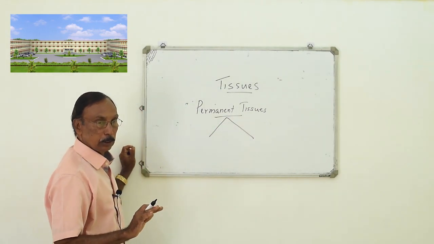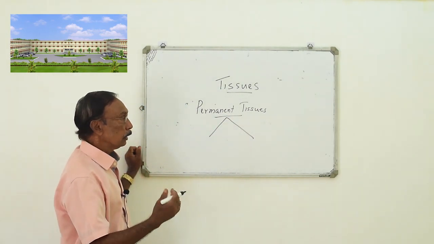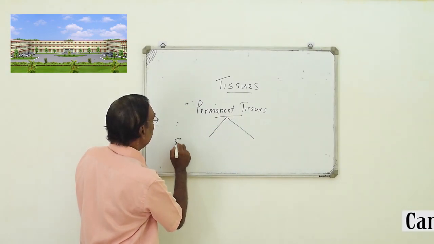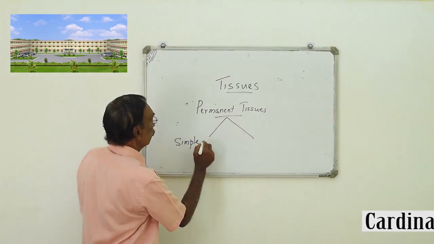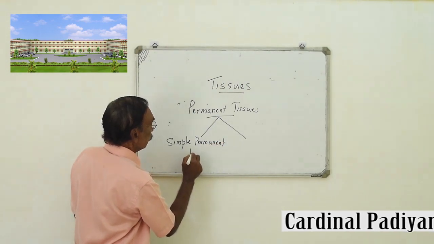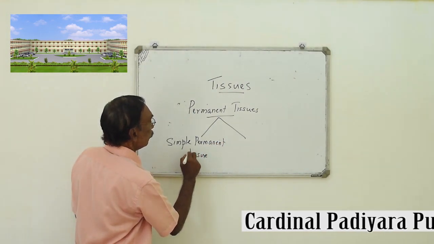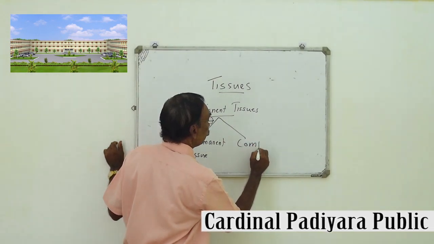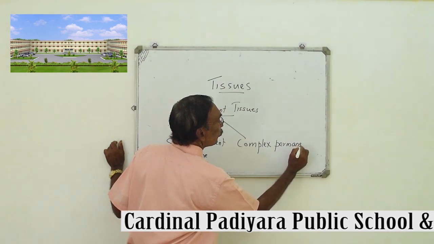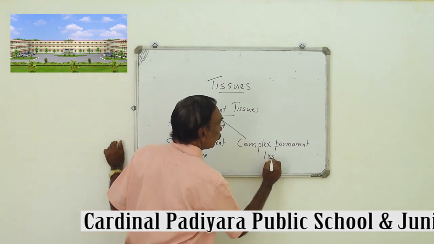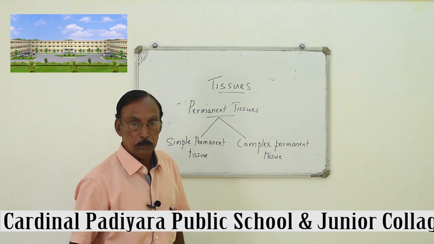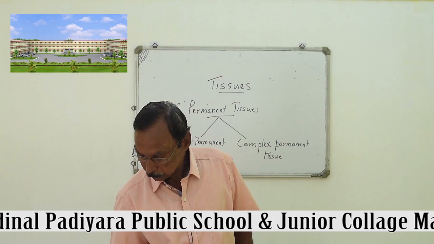Permanent tissues are not actively dividing, they are not helping the growth. So there are two types of permanent tissues: simple permanent tissue and complex permanent tissue.